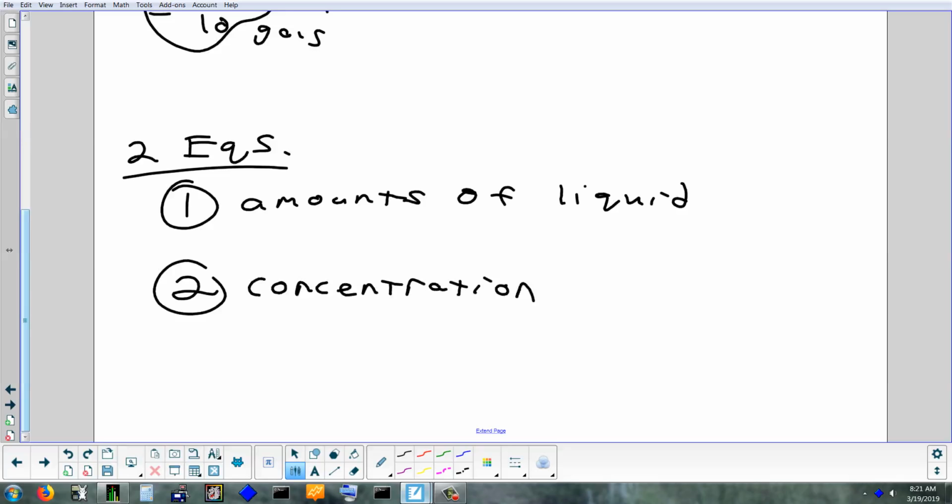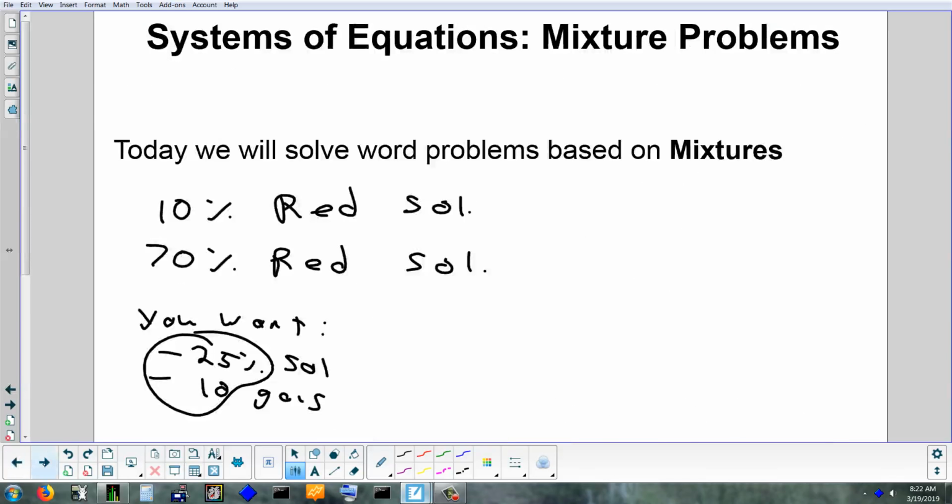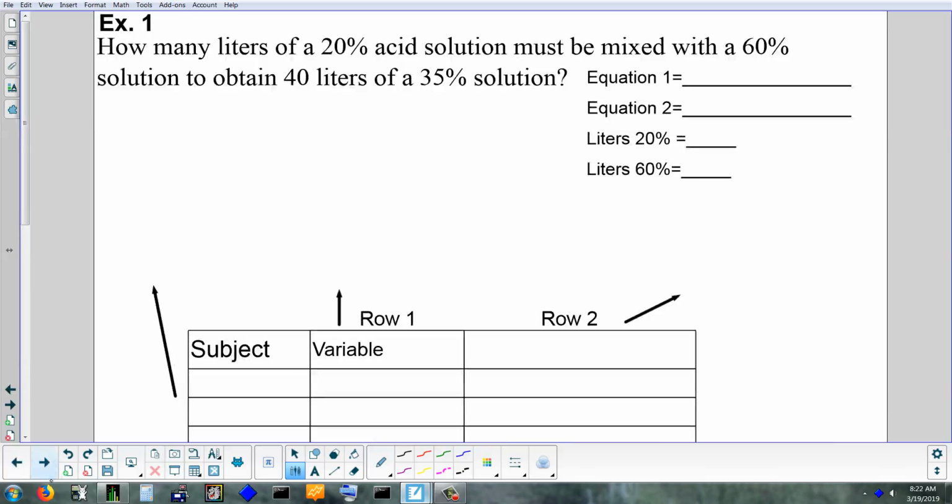That's how strong it is. Is it a 10% solution, 20% solution, 50% solution? So one equation is going to have nothing to do with the percents at all. You won't even see them. The second equation will have to do with the percents.